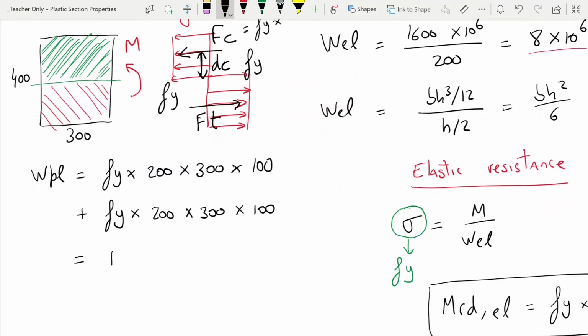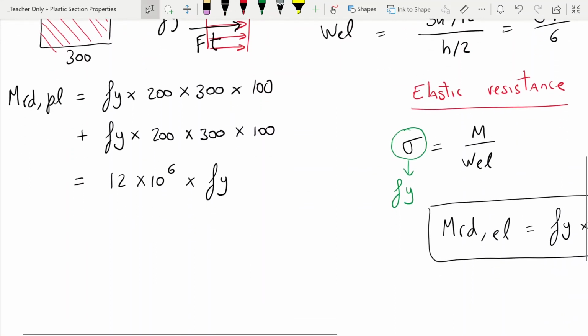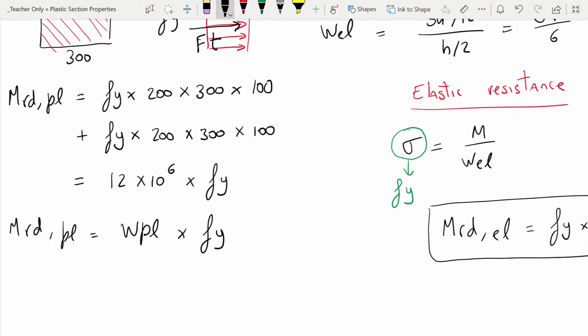So this will be equal to 12 times 10 to the 6 and also times Fy. Now, since we're multiplying this by Fy, we're not calculating the plastic section modulus actually. We're calculating the moment resistance in the plastic range. So if we stop here and rewrite the equation, the moment resistance in the plastic range is equal to the plastic section modulus times Fy.